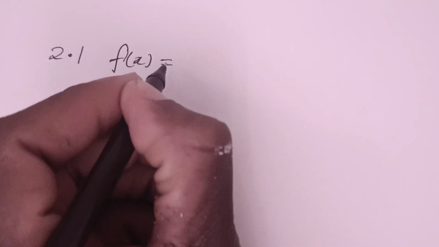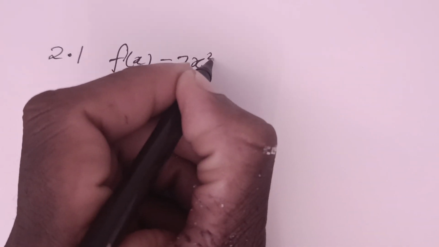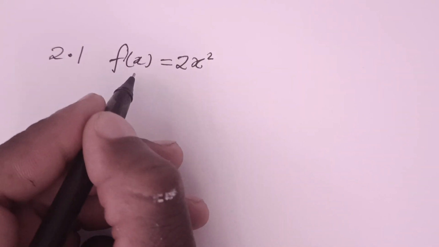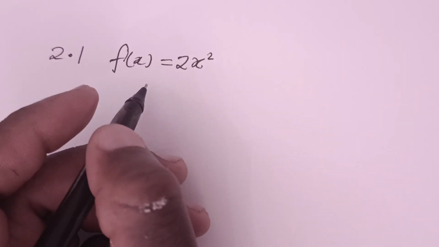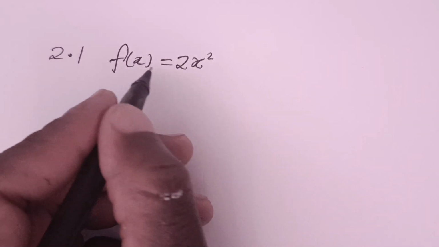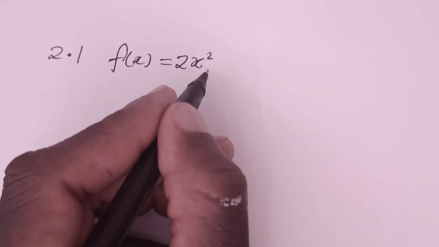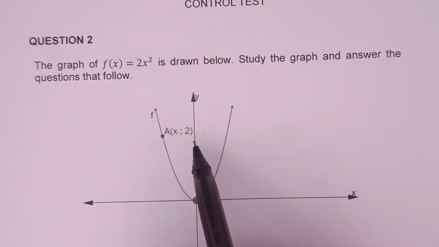So for 2.1, f of x is going to be 2x squared as given. f of x is y. When you see f of x, you see y. y is equal to 2x squared. What is the y coordinate there? It's 2.